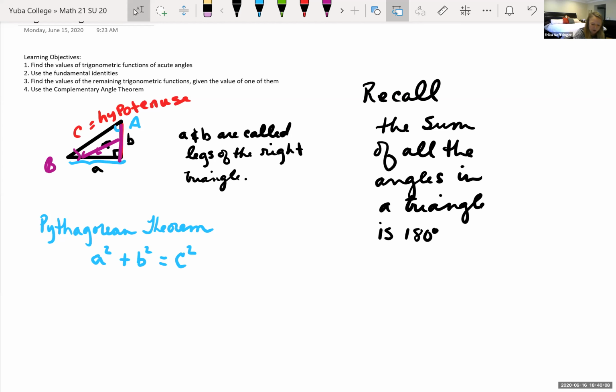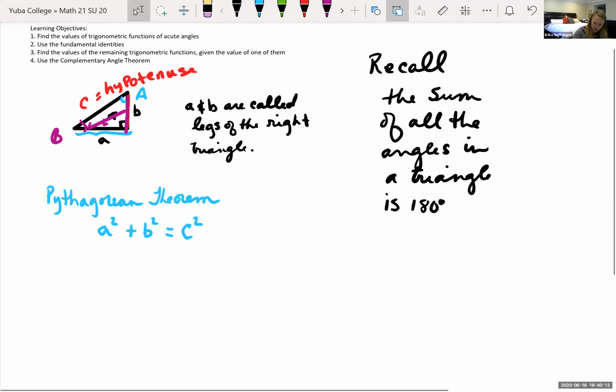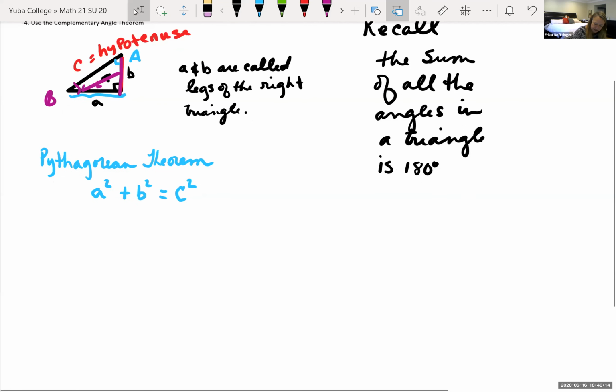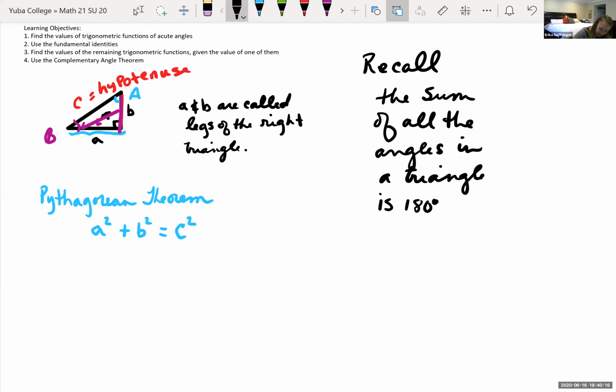You might have remembered, if you've taken trig or some pre-calculus, the saying SOHCAHTOA. That was a way to remember what the trig functions represented.